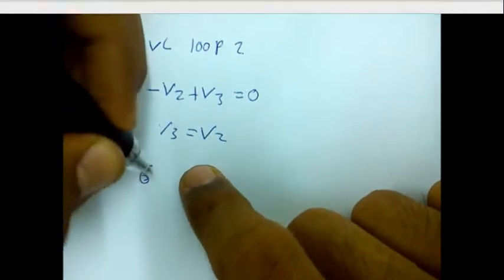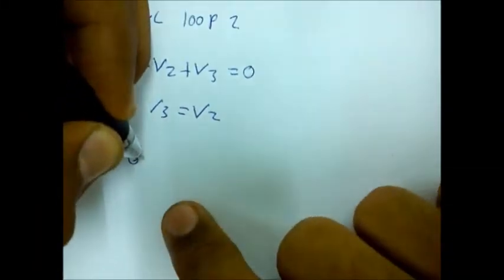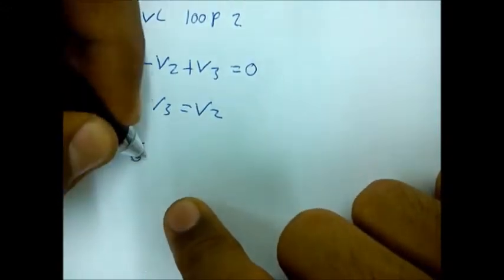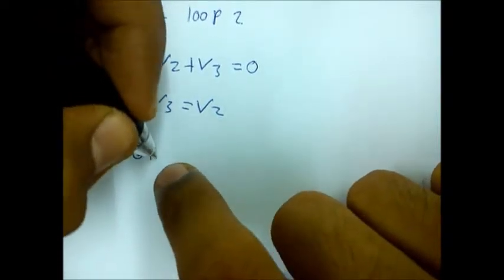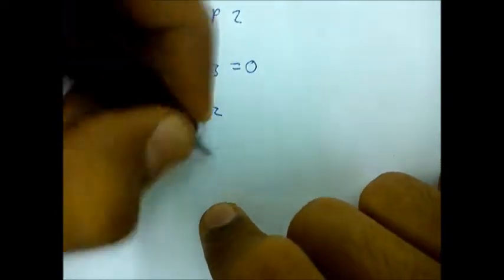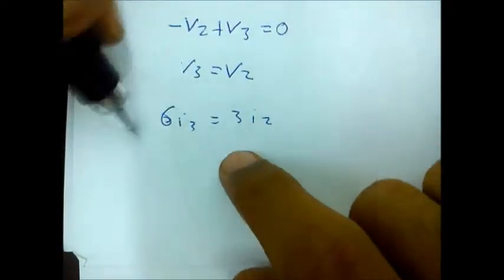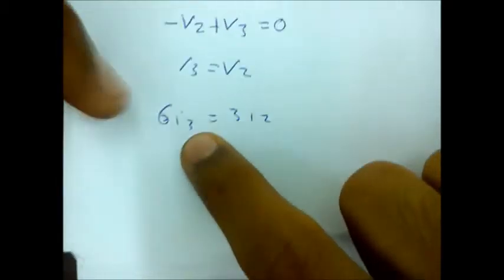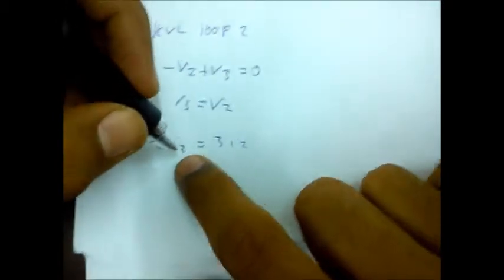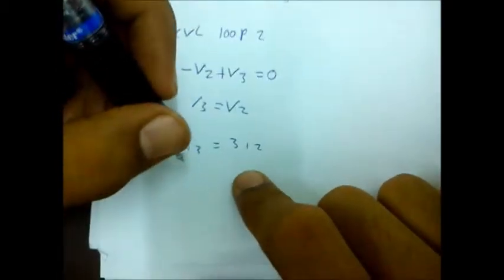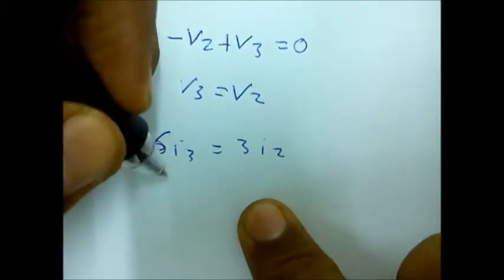From this equation we substitute V3 as 6I3 equals 3I2. In this equation we want to find I3, and we have to express V1 and V2 in terms of I1 and I2 as in the equation.